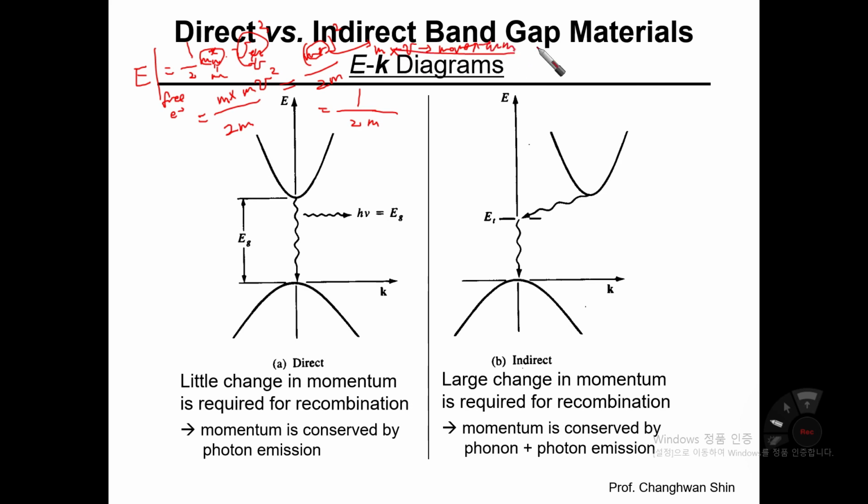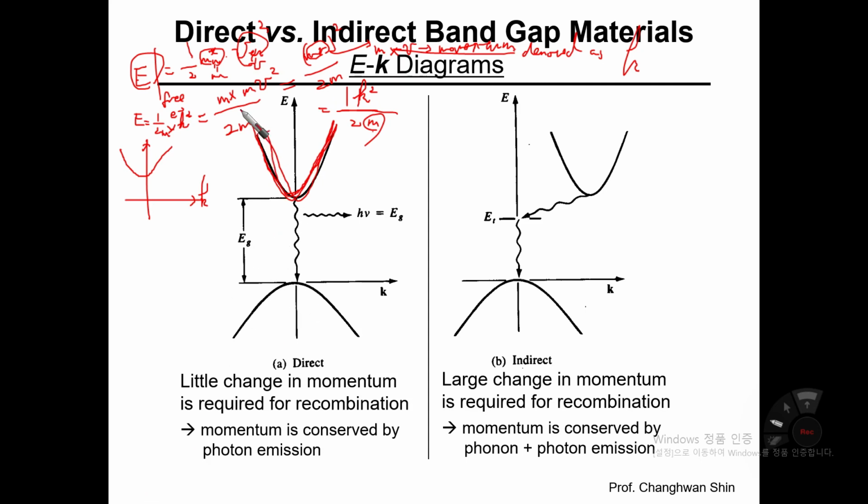In Korean, 운동량, denoted as K. So K squared. Then energy is proportional to K squared, and the coefficient is 1 over 2 times the effective mass of the electron. So what is the curve shape if we draw the energy versus K diagram? Here energy is K squared over 2m. So it looks like this, okay? Now you can see that a big curvature can be formed.